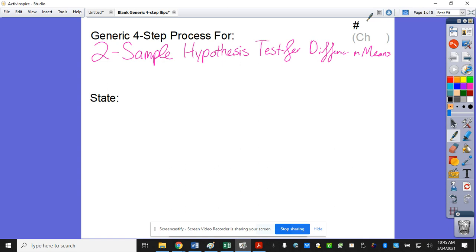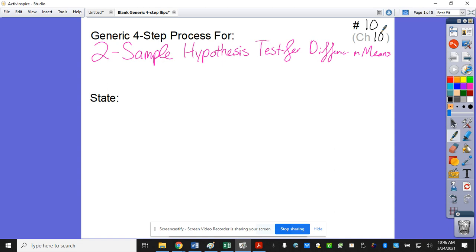This is number 10, and we're in chapter 10. If I'm looking at another one of my 4 steps, I would probably be looking at number 8, which was the 2 sample proportions test. Or maybe looking at like 8 and 9, because it's kind of a mix of both of those. So it would start the same way like number 8 did.